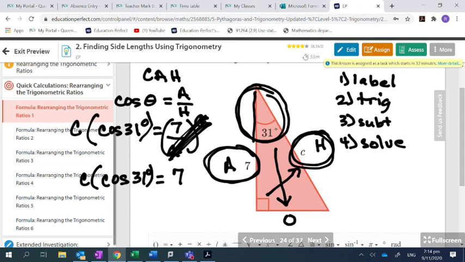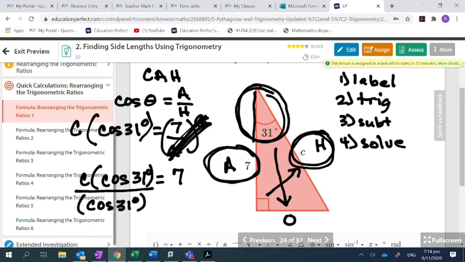I can't multiply C times anything. I've got to get that C by itself. What operation is holding C and the cosine together? And what is the opposite of multiply? So I'm going to leave the C, which means I'm going to divide by the cosine of 31 degrees.